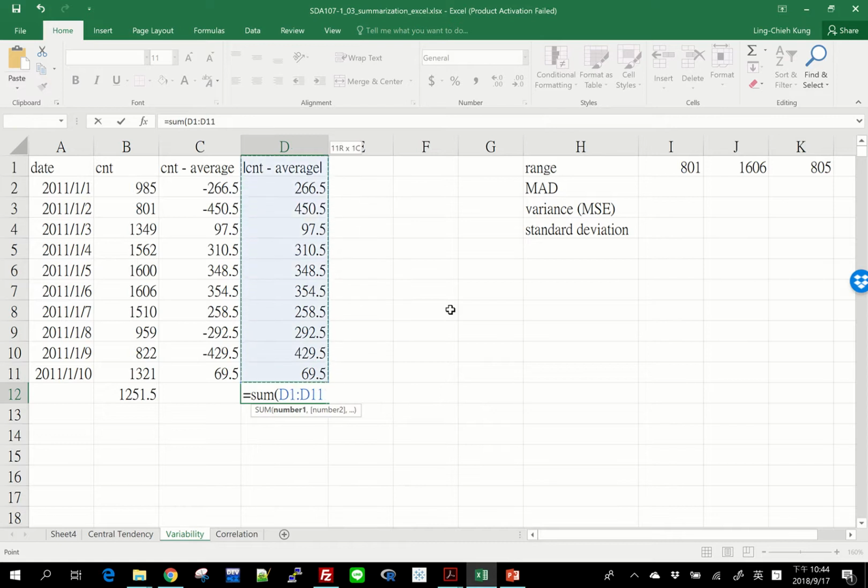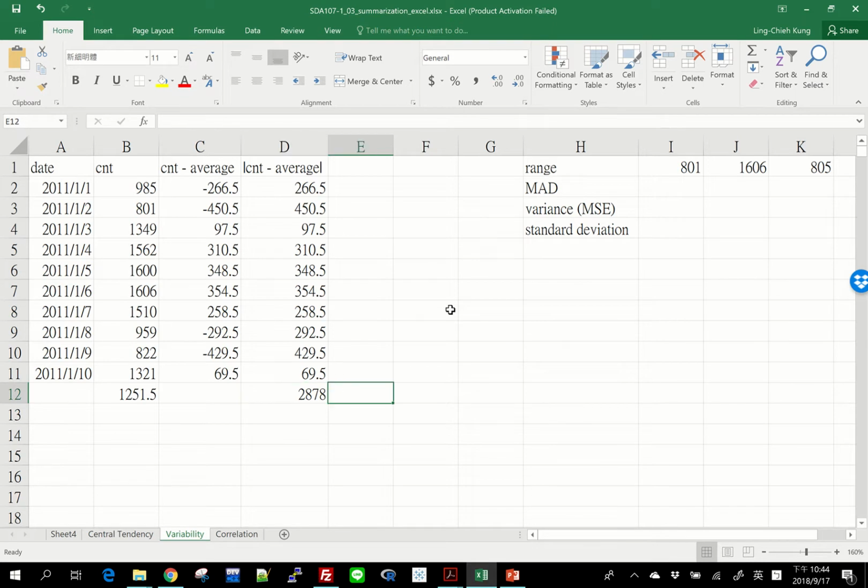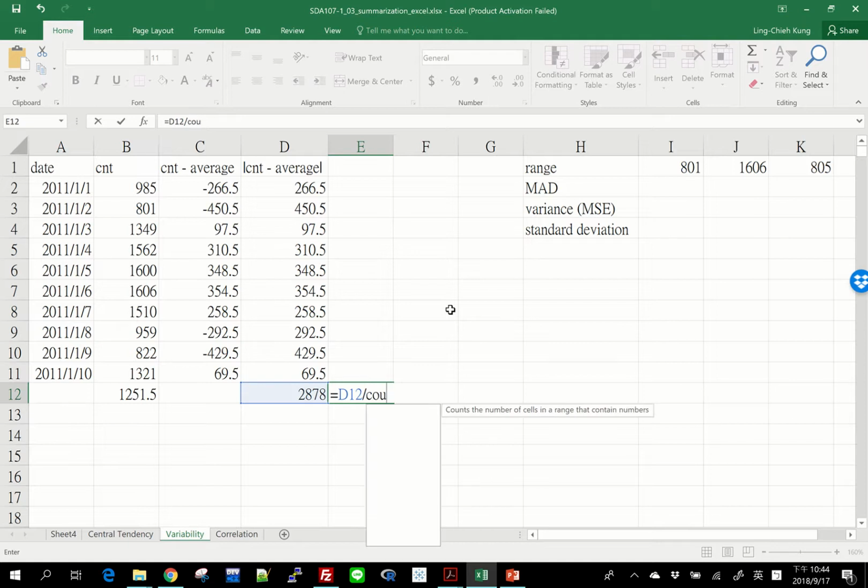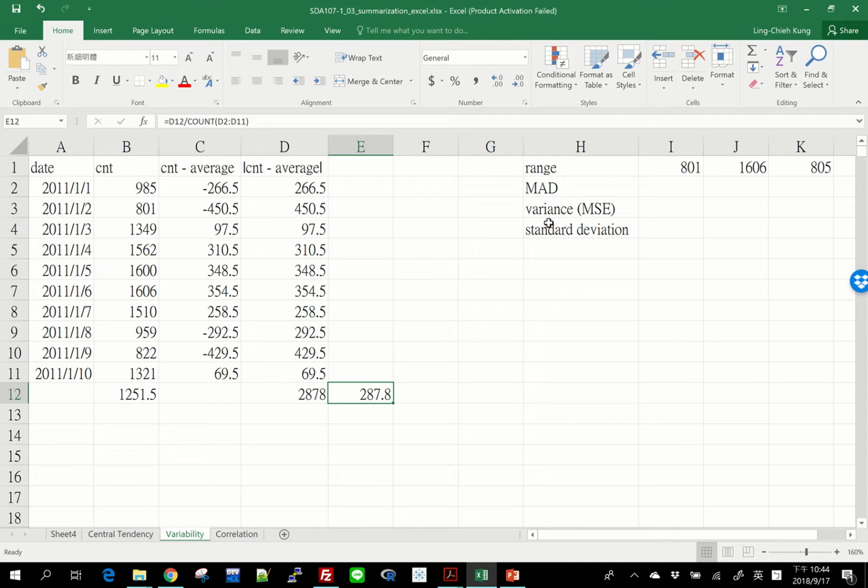So this is the sum of absolute values of deviation. Then all I need to do is to divide this number by the total number of values I have, in this case 10. So the MAD in this particular example is 287.8. So that's my MAD.